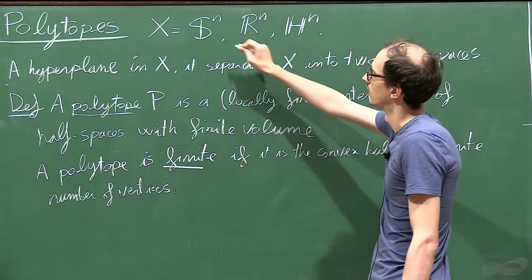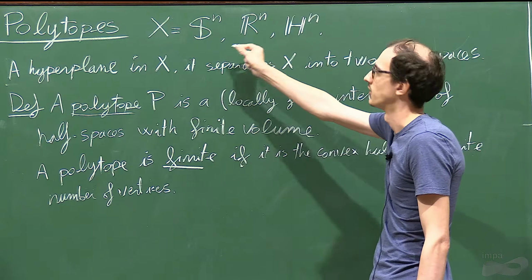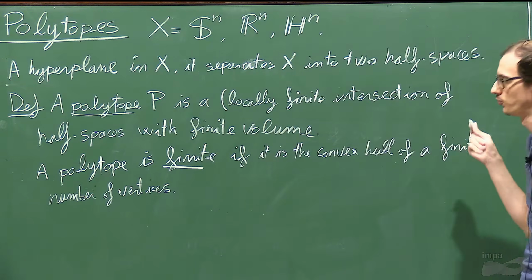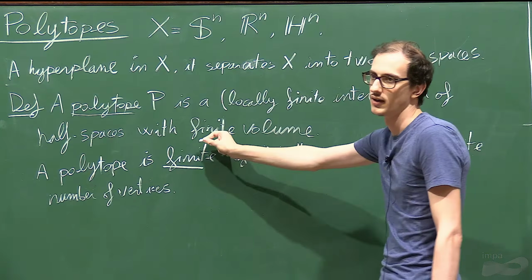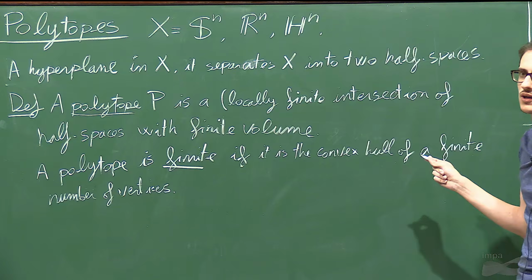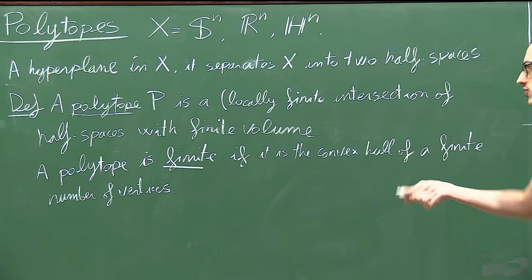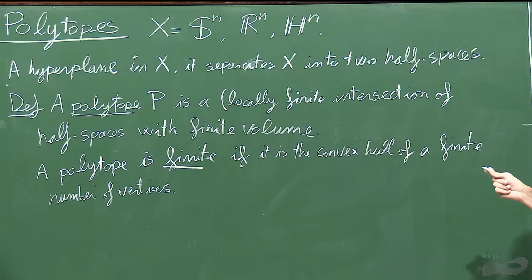In S^n, which is compact, but also in R^n, a polytope to have finite volume has to be compact. In H^n, this is not true. A polytope can have vertices at infinity and still maintain finite volume.